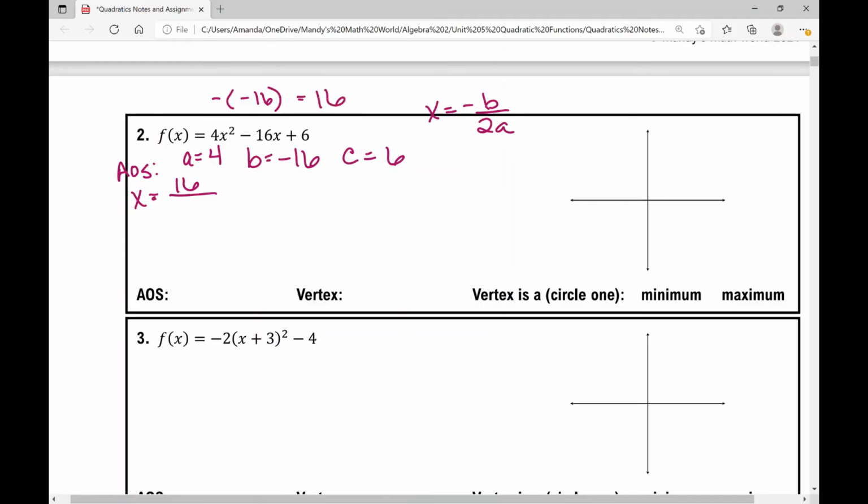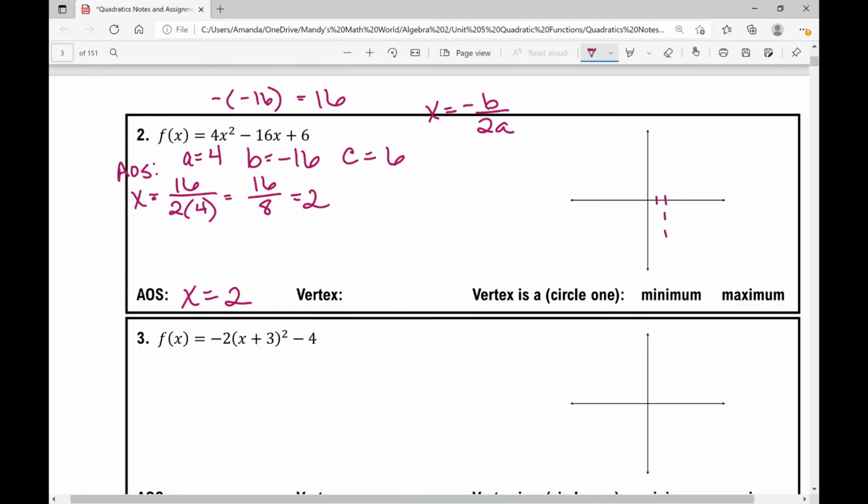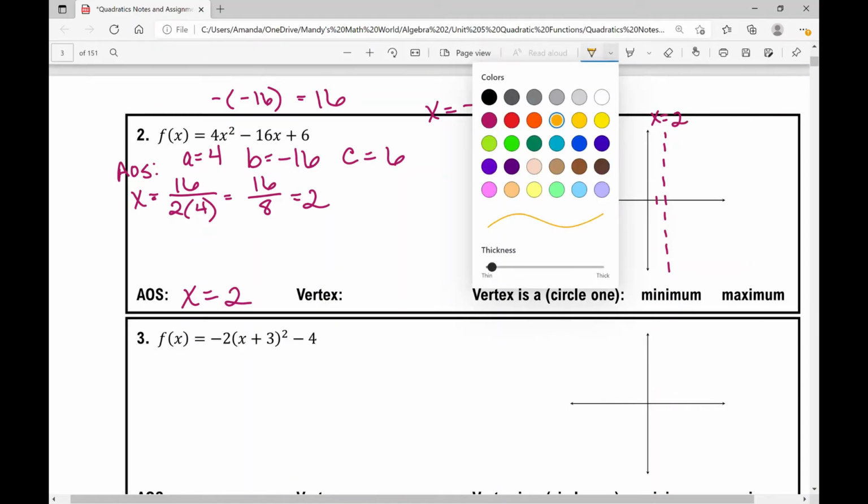So negative b over 2 times 4. That's 16 over 8, which is 2. So my axis of symmetry is x equals positive 2. So I'm going to draw that first. Here's x equals 2.